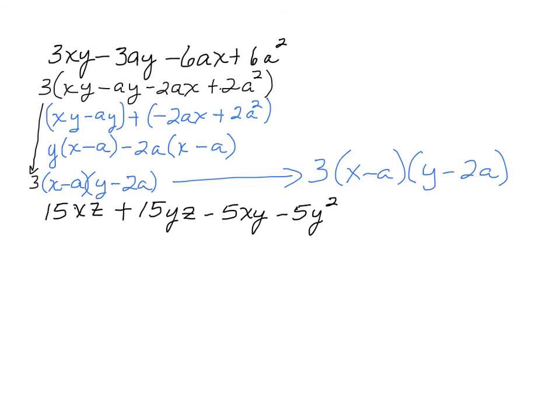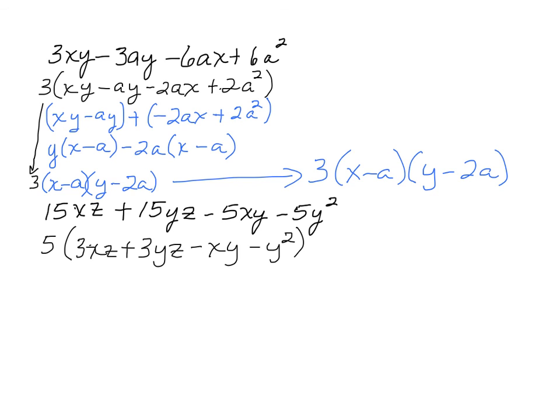Okay, so in the next one, all of the terms have a 5 that's common. So we have 5 times 3xz plus 3yz minus xy minus y squared. So now we can group them.